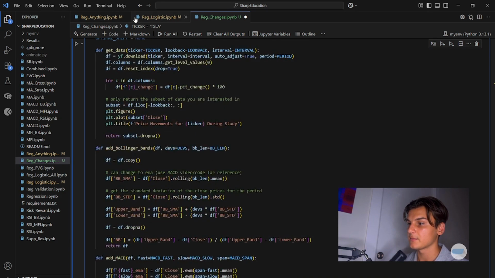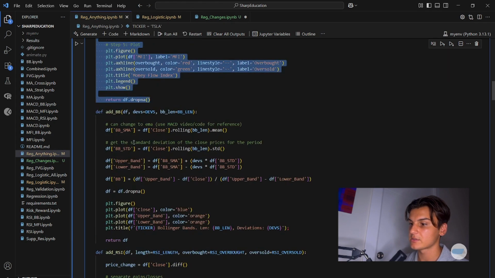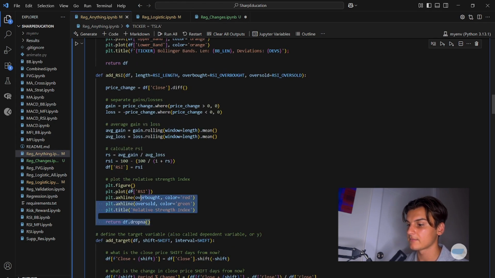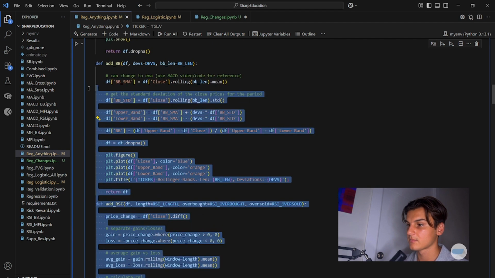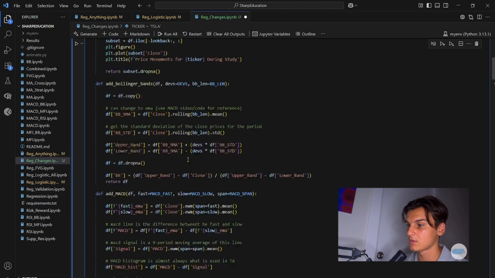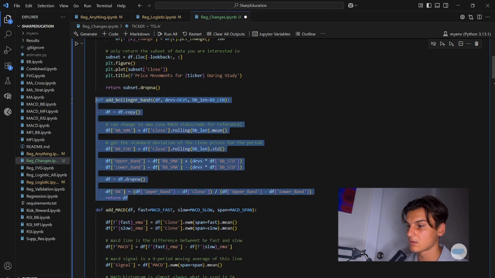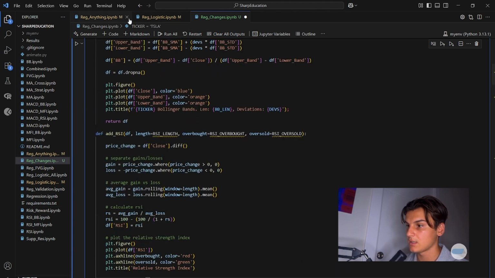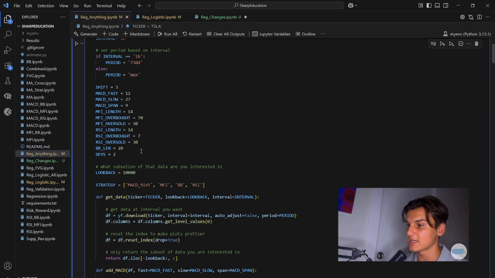And then from reg anything again, we want to also add RSI. I'm just going to do add BB as well. And from reg anything, I need all of these technical indicators.